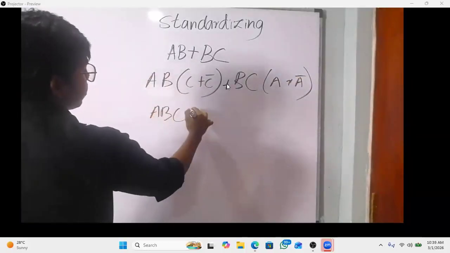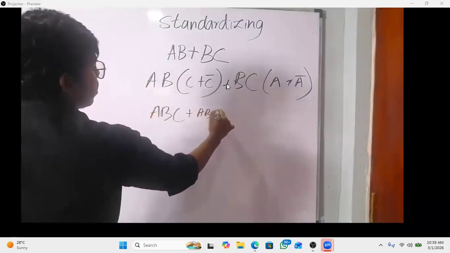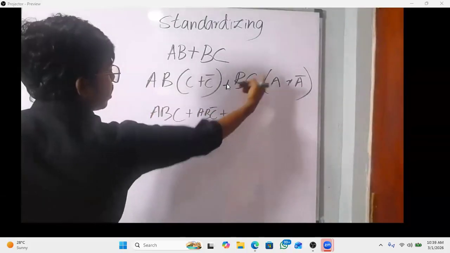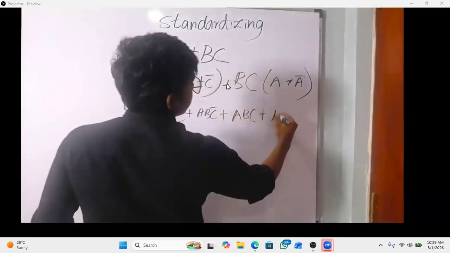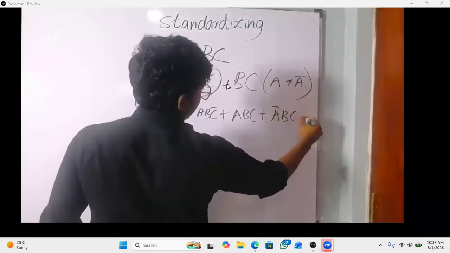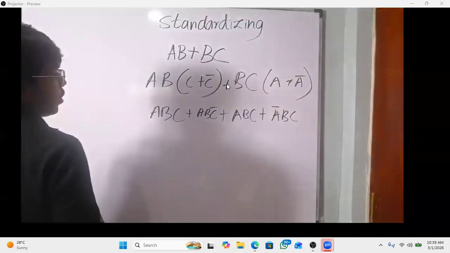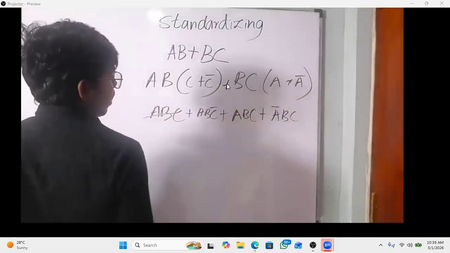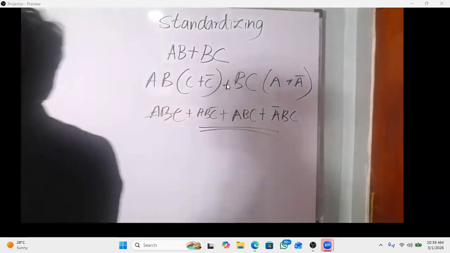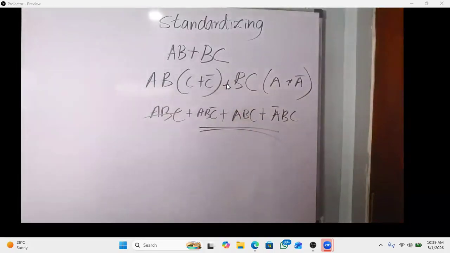A, B, C plus A, B, C bar plus A, B, C plus A bar, B, C. Now you can cut the A, B, C. You have one here. So you get the answer. It's so simple.